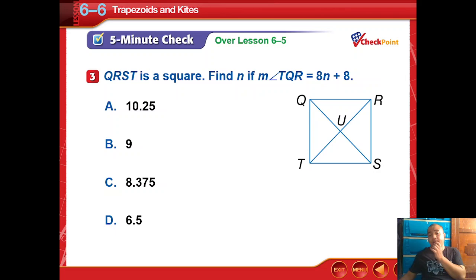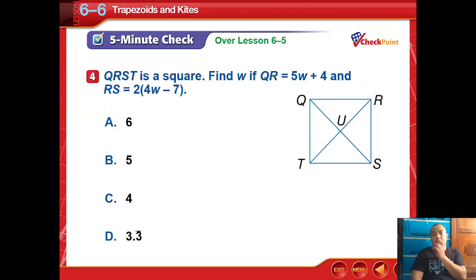So we have 8n plus 8 equals 90. 90 minus 8 is 82. 82 divided by 8 is 10.25, or 41 divided by 4.